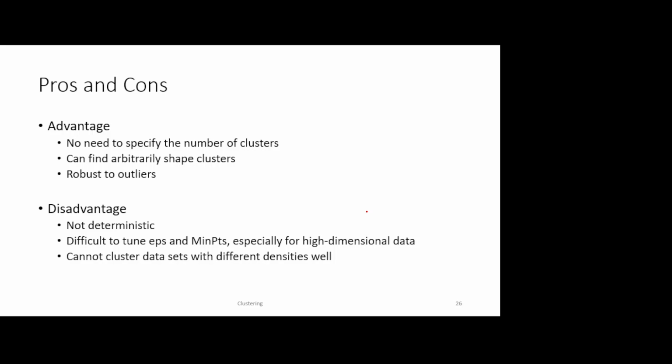And if the clusters have different densities, meaning some clusters have very dense data but others are very sparse, DBSCAN will not work very well. For example, some clusters are distributed like this, but another is distributed like this.